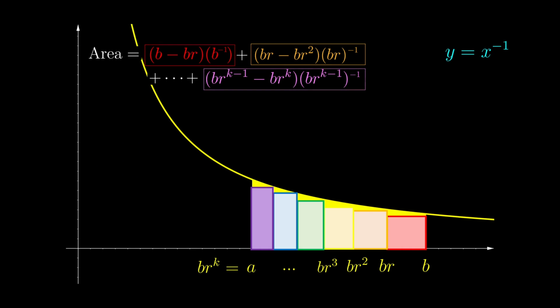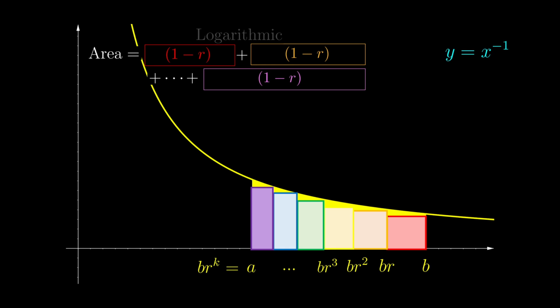Notice that in all these areas, they are actually the same, all being 1 minus r. The fact that these areas are the same is actually an illustration of the logarithmic property of this area. Why?